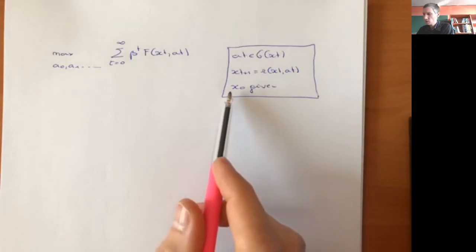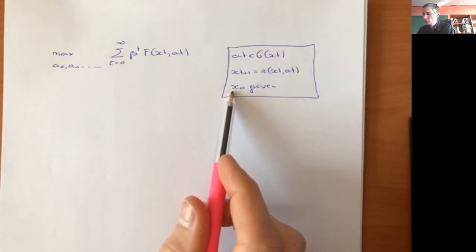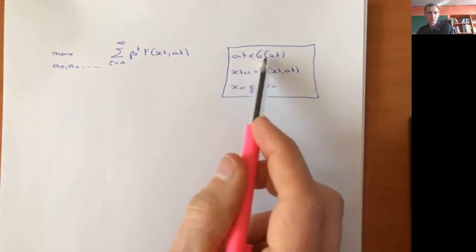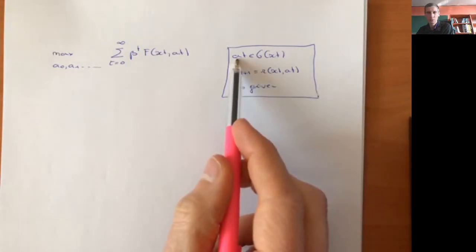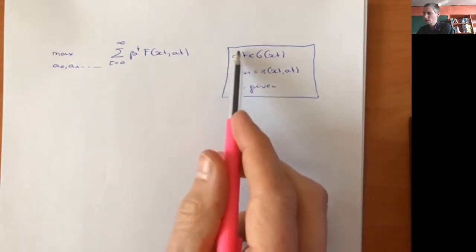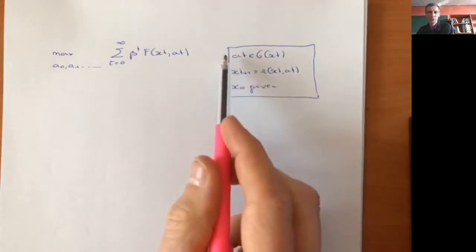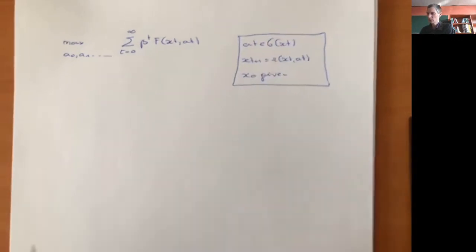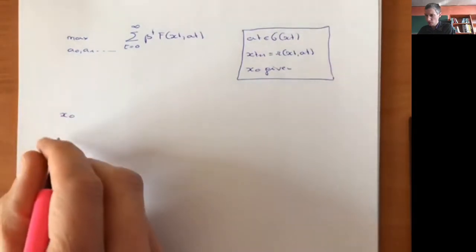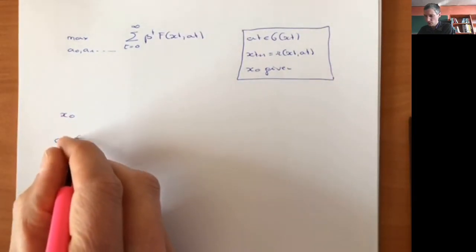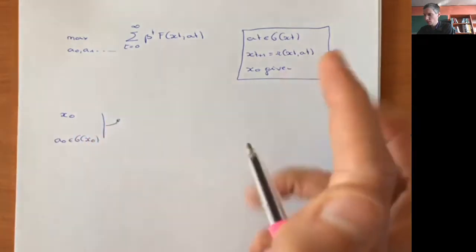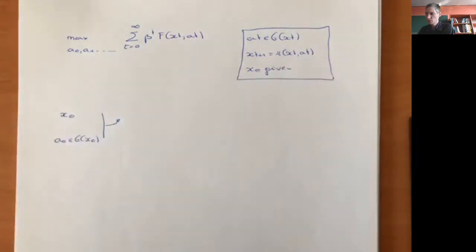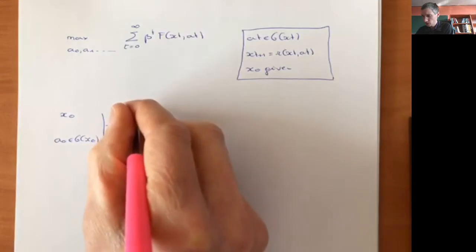All right, we start at the state x0, then we pick an a0 in the set, it generates a new state. We pick a1 in the set, it generates a new state, and a2 in the set generates a new state x2, and so on. Okay, so we start at x0, then we take an a0 in g of x0, and then using this law of motion, which is deterministic, we get a new state x1.